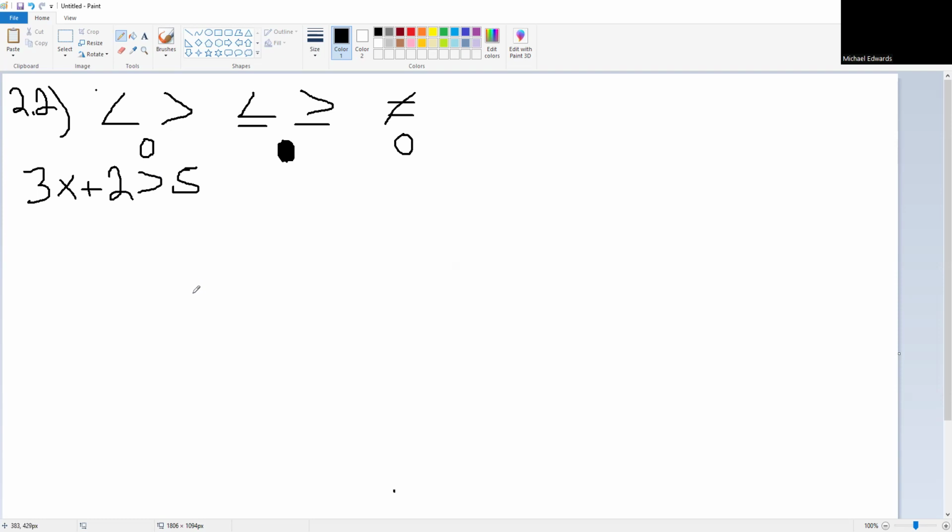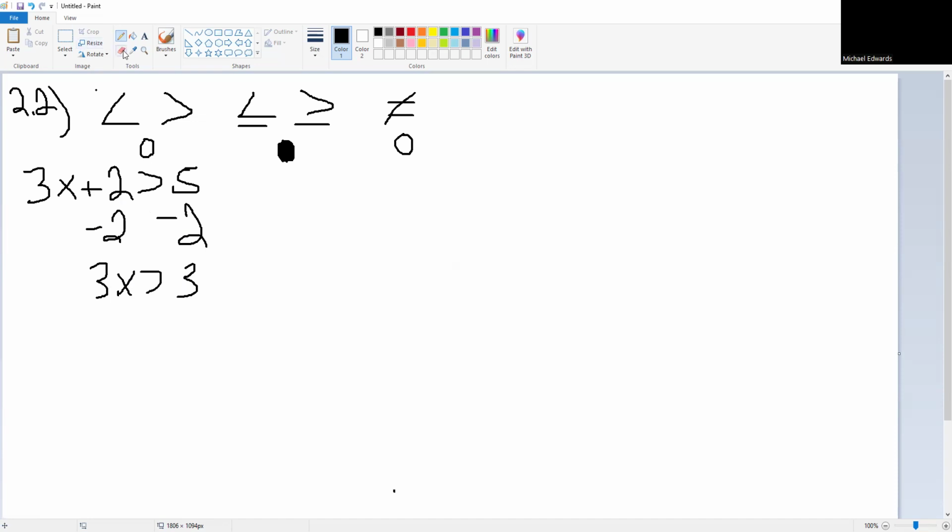Now, to solve this, we have steps, and that's in your book, solving a linear inequality in one variable. We simplify each side of the inequality. Okay, well, it's already done. We isolate the variable term, just like solving with the equal sign. So let's isolate the variable term. Minus 2, minus 2, 3x greater than 3.